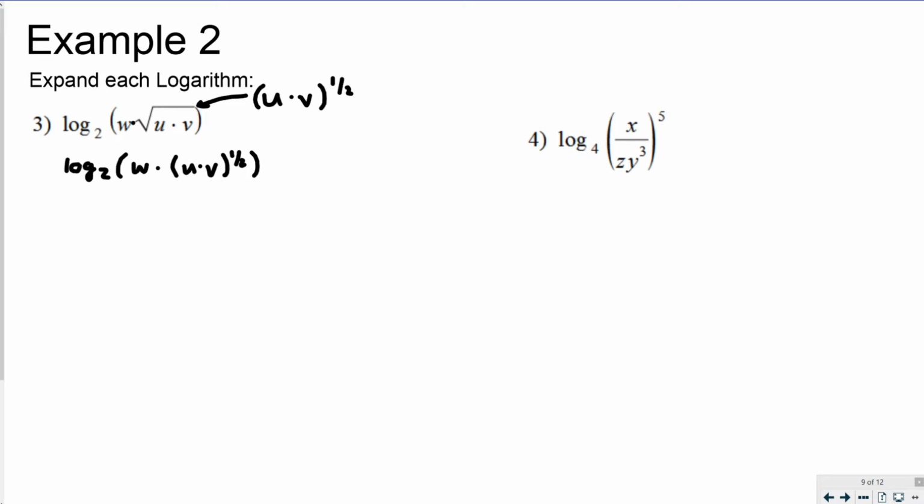So we're going to use the product rule first to break this apart. So we're going to get the log base 2 of w, and then plus the log base 2 of u times v to the 1/2 power.